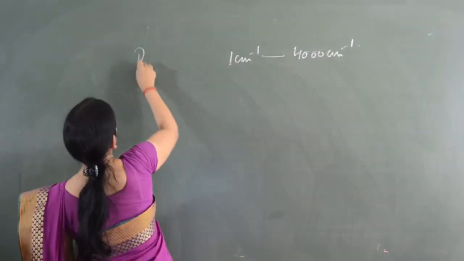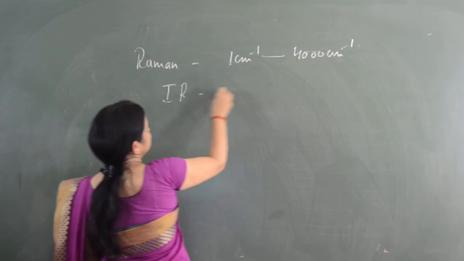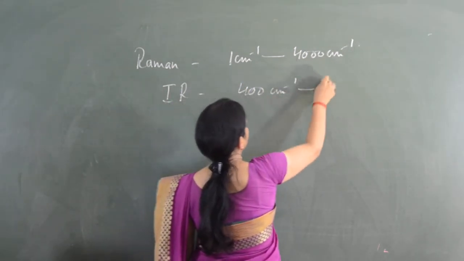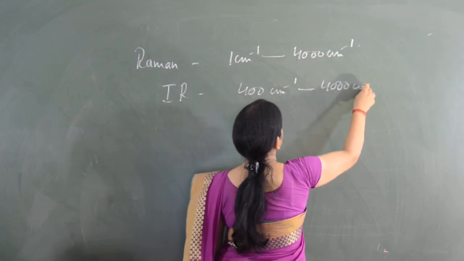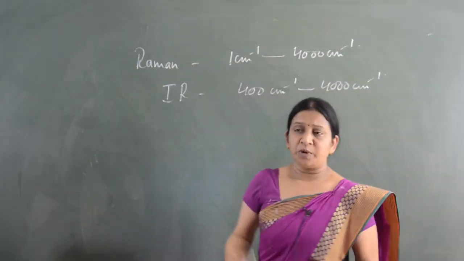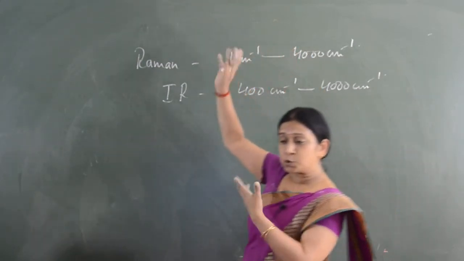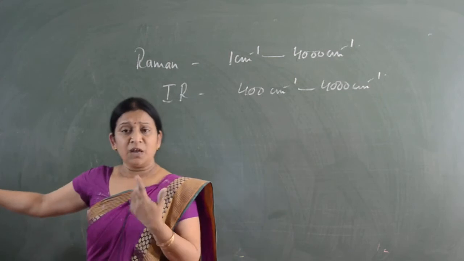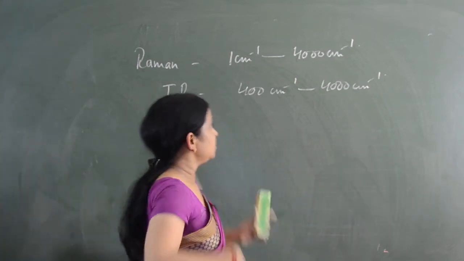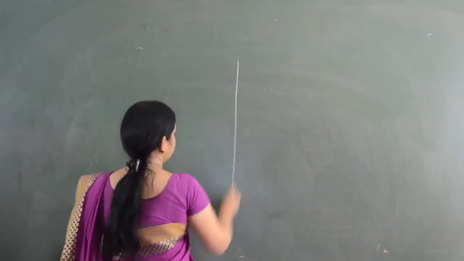This is the range of Raman spectra. In case of IR, this range is 400 centimeter inverse to 4000 centimeter inverse. This is the range of IR spectra. So whole of the IR spectra lies within the Raman spectra, and we say that Raman and IR are complementary to each other.